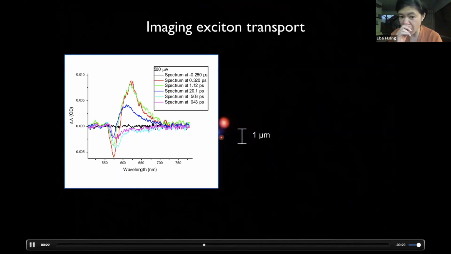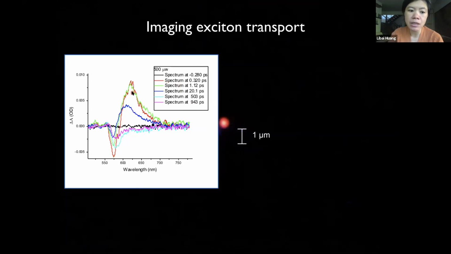And in terms of image contrast, to probe an exciton signal, in our lab, we either use some kind of ground state bleach. This is a transient absorption spectrum of one of the PDI molecules that I will talk about later. You can either look at the bleach of the S0 to S1, the ground state transition, or you can use some kind of excited state absorption signal as an image contrast of your exciton population, right?